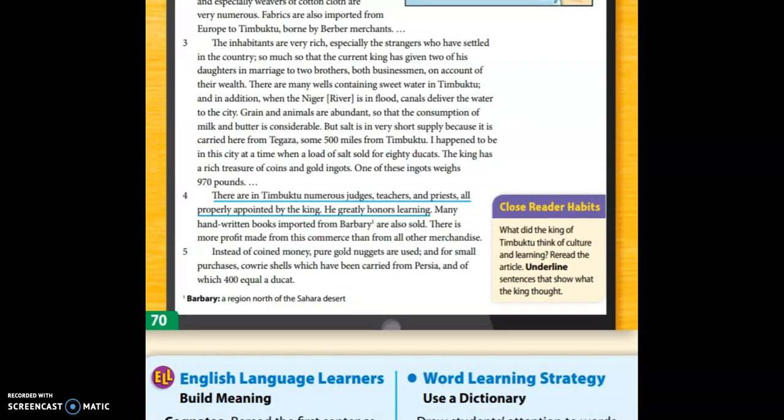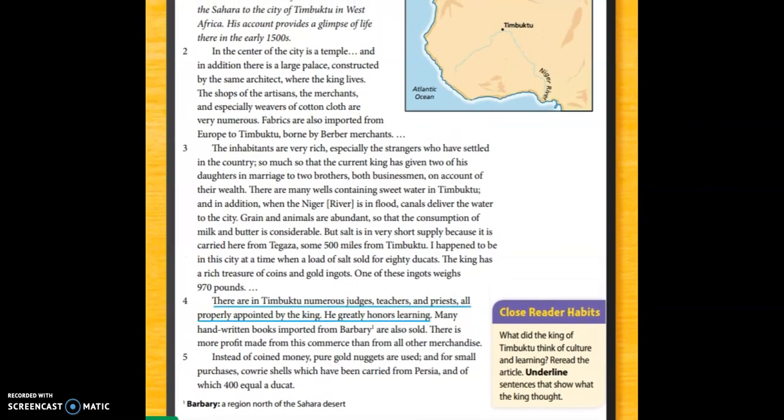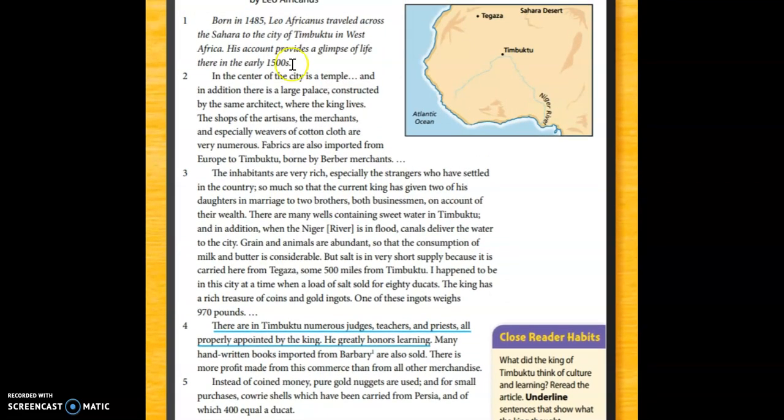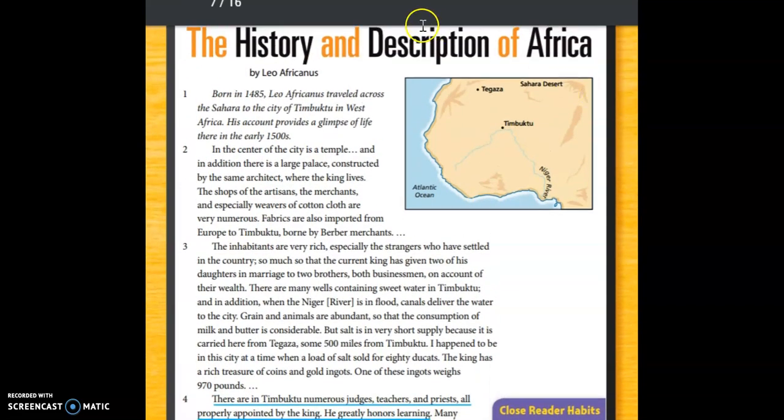My last question is, what is the account mostly about? So what is the story mostly about? What is the main idea of the story? And just looking at it, it says, Leo Africanus traveled across the Sahara into the city of Timbuktu in West Africa.